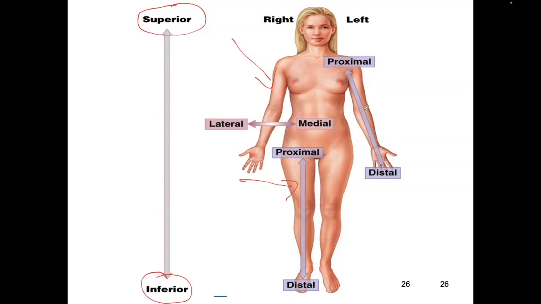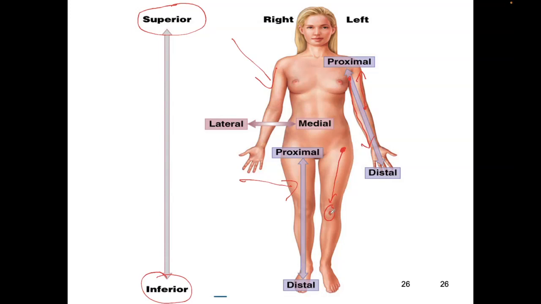Okay? So if I start here and I'm moving in this direction, we would say I'm moving proximally. If I start here and I'm moving towards the wrist, I'm moving distally. If I'm up here at the proximal femur and I move down towards the patella, which is the kneecap, I move distally.